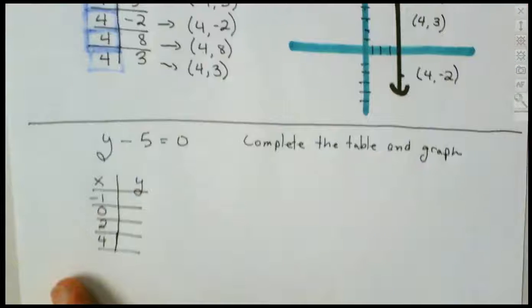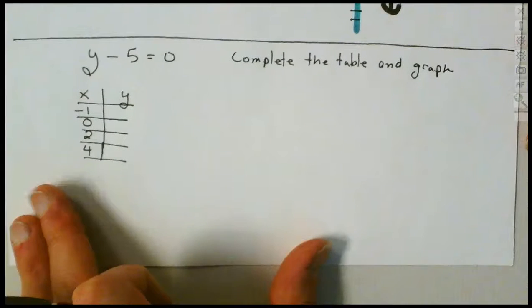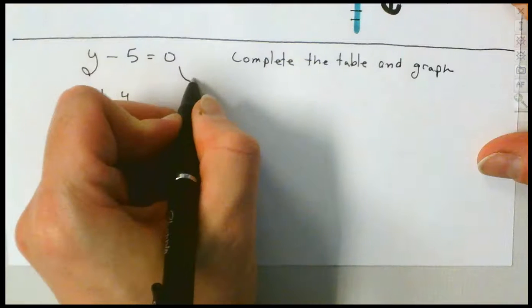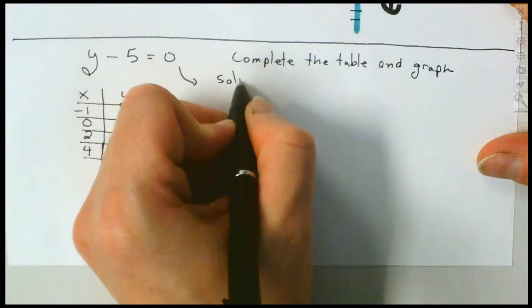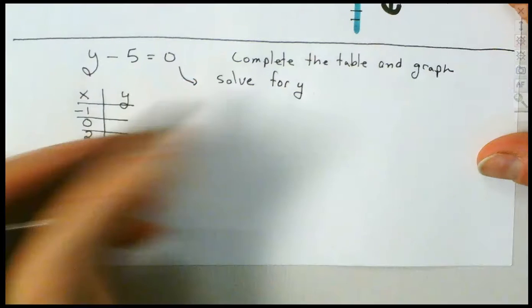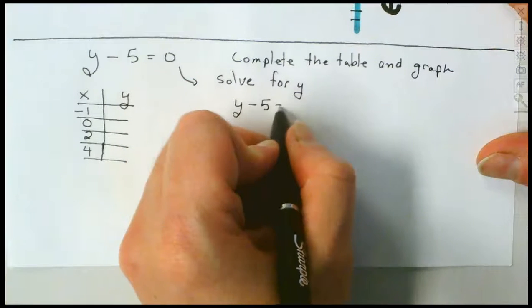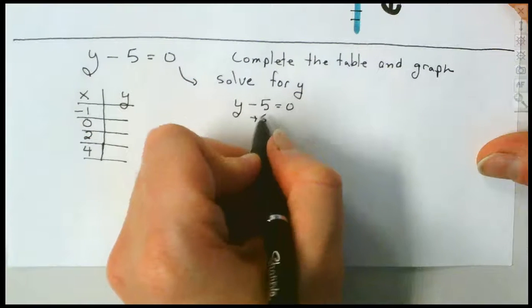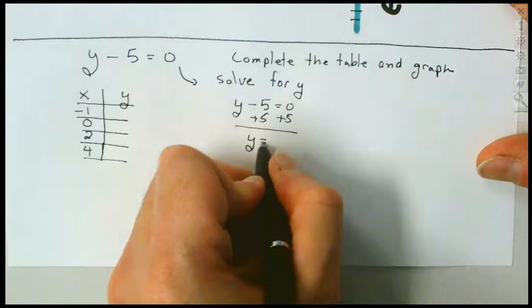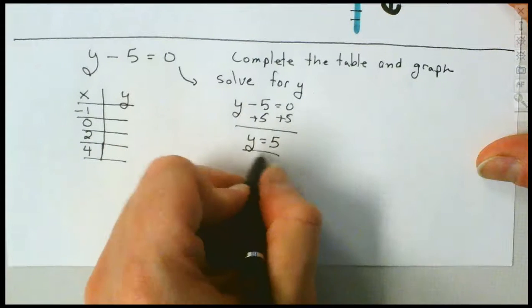This one is very similar, but it's not solved for y yet. So let's take our equation and solve it for y. We need to solve it for a variable. So we have y minus 5 equals 0. We're going to add our 5. And now we've got y equals 5.